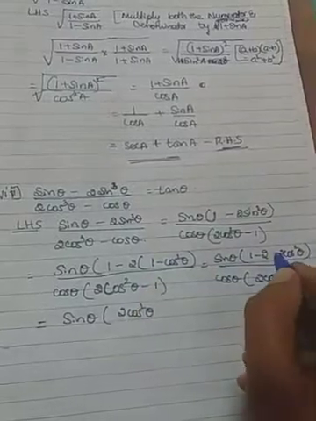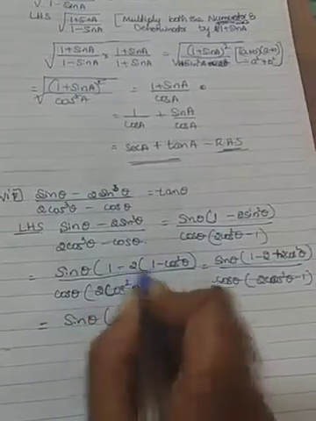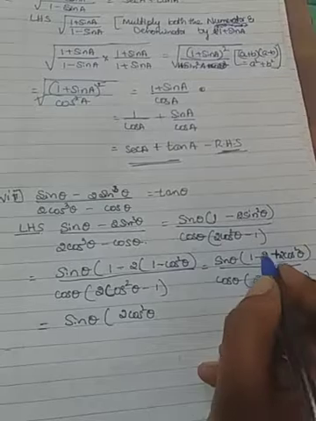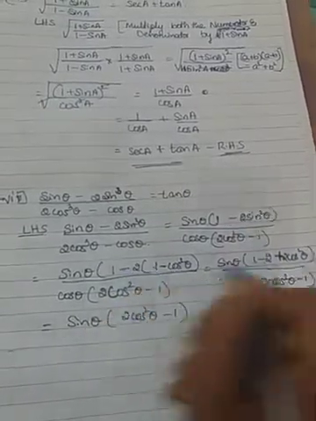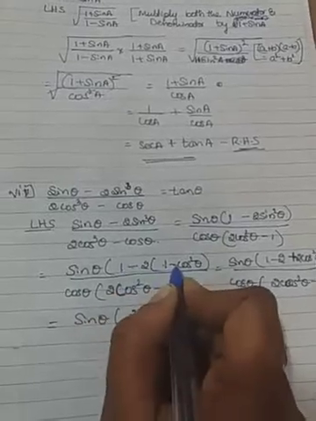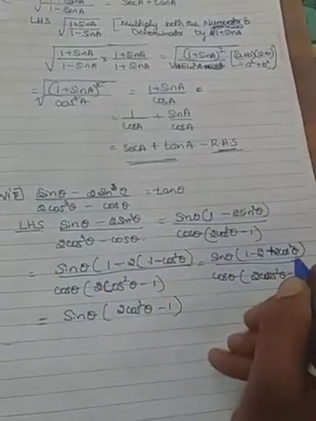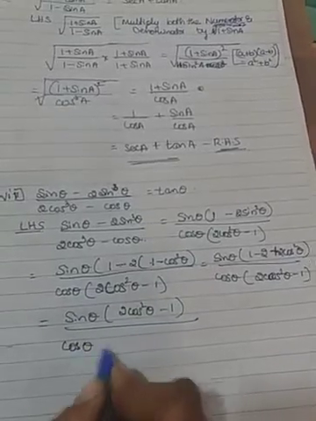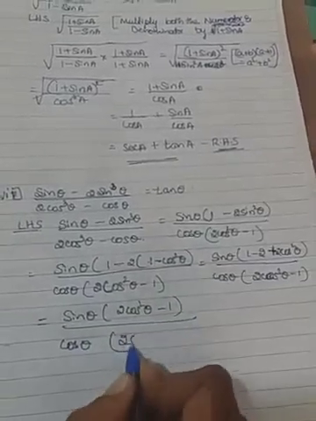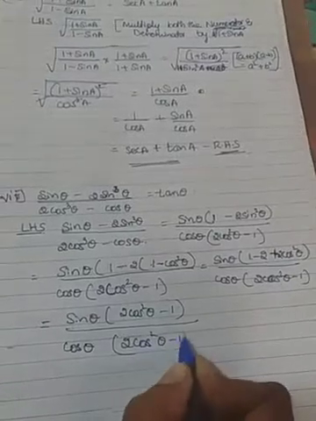Minus into minus is plus, then minus 2 plus 1 is minus 1. Minus 2 into 1, minus into minus plus 2 into cos square theta, 2 cos square theta, divided by cos theta into the same, it is 2 cos square theta minus 1.